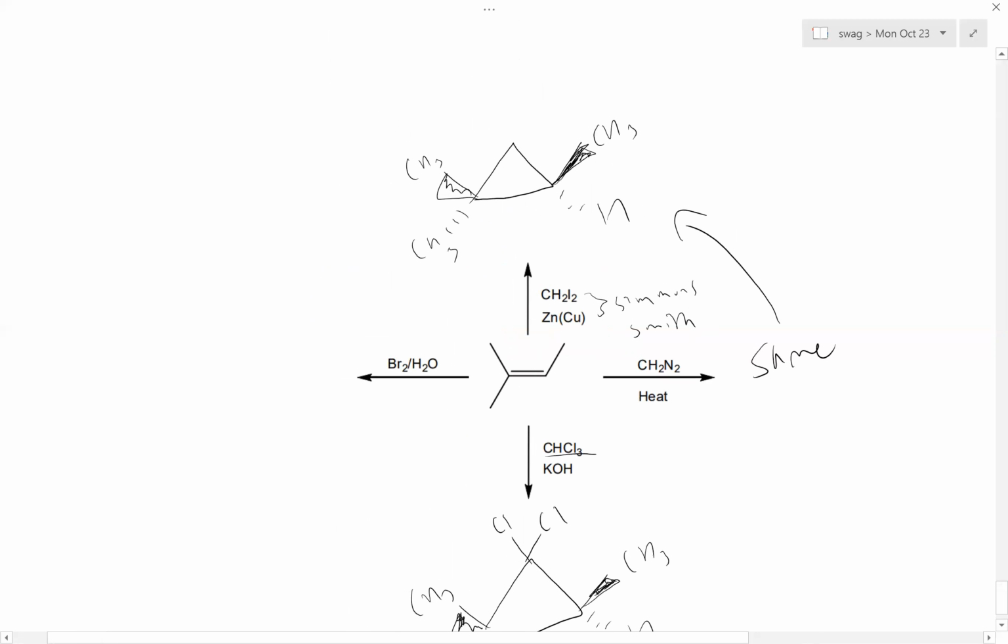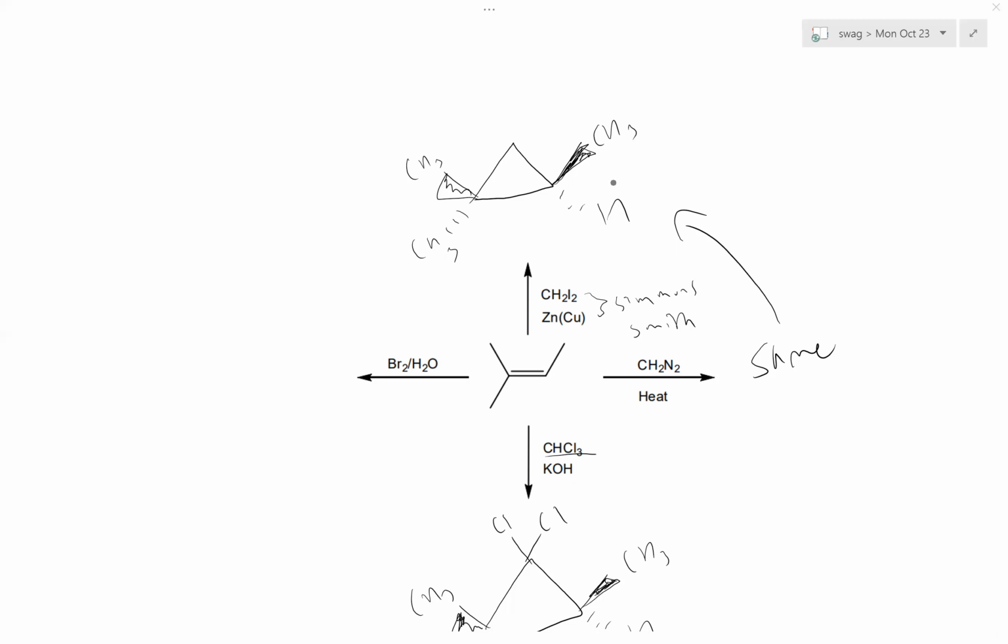All right. And then this reaction, I think this is one of the first ones we learned today. What's going to result in this? What's going to be added? Yeah, Br2 and H2O.